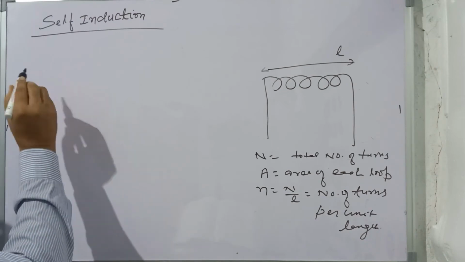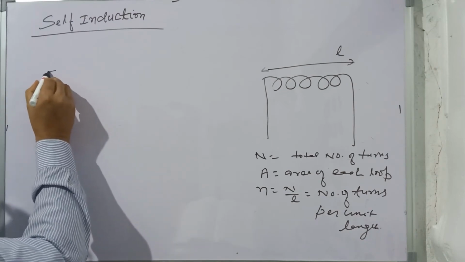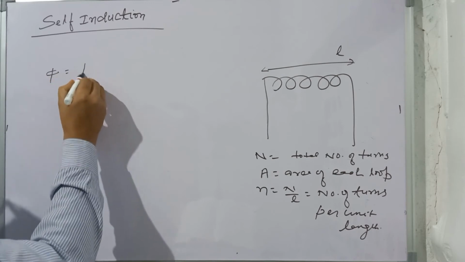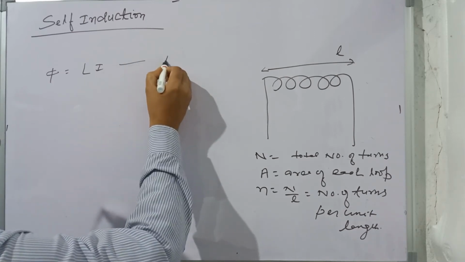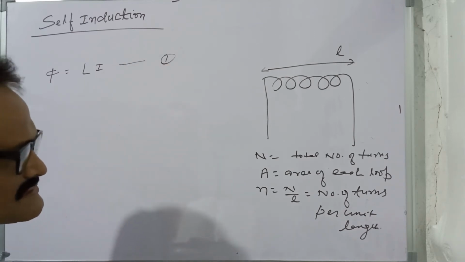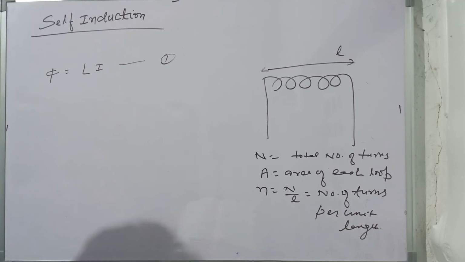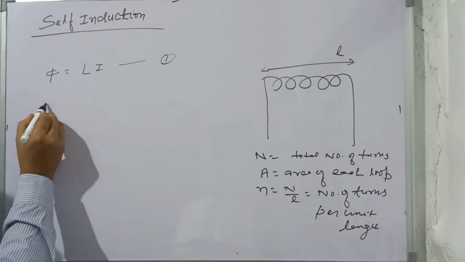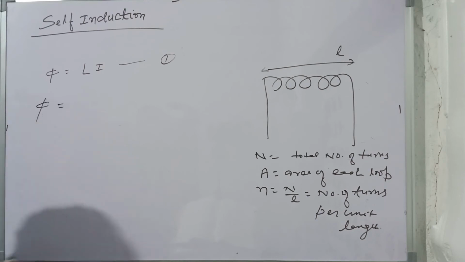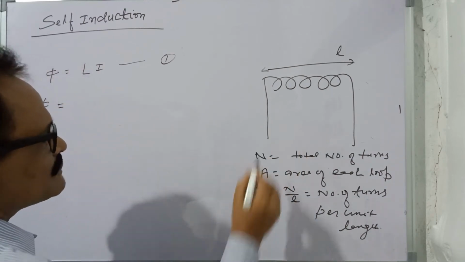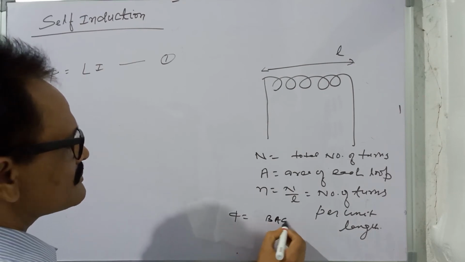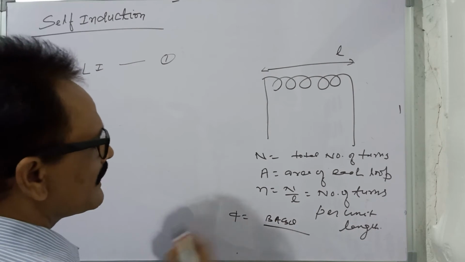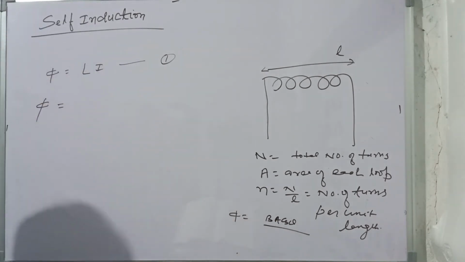Now the total flux is equal to Li, as you know by the definition of L, and suppose this is relation number 1. Now the flux is equal to BA cos theta, and for this, what is B?